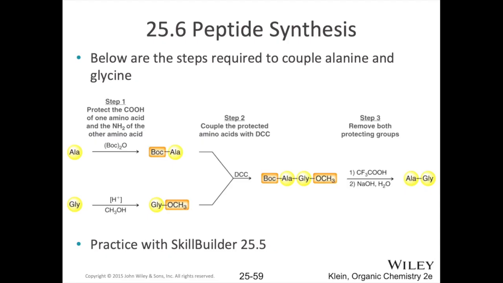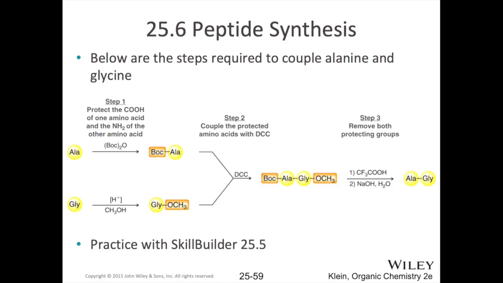Okay, so even though we're adding 2 extra steps, and normally adding extra steps to a synthesis will reduce your yield because every time you add an extra step, you've got to clean up that product, and you're going to lose some product in that process. Remember, that's still way better than just having a random combination of your amino acids where you've got a 25% yield at best.